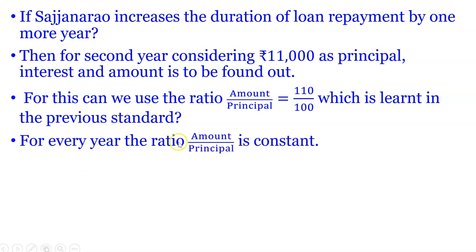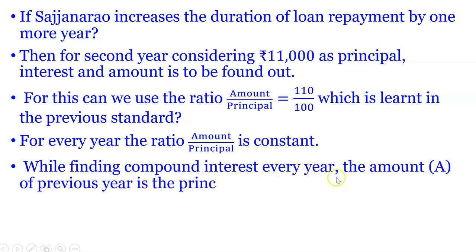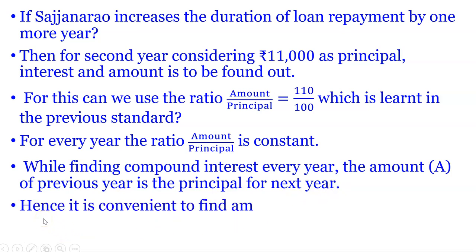For every year, the ratio amount upon principal is constant. While finding the compound interest every year, the amount A of the previous year is the principal for the next year. Hence, it is convenient to find the amount rather than the interest.